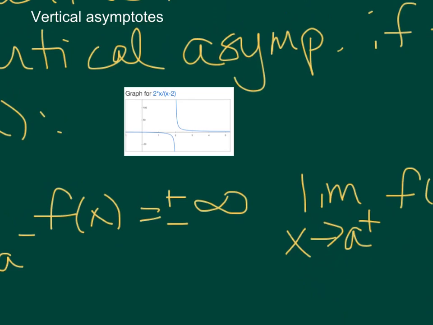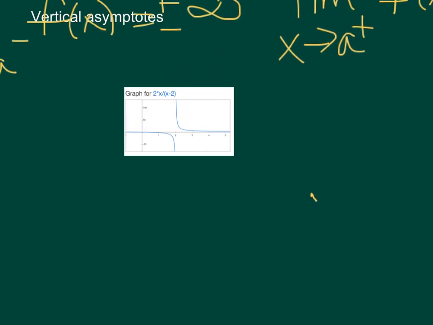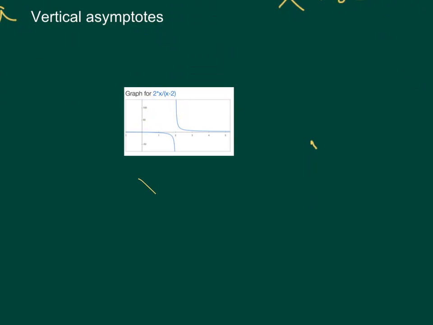As x approaches 2 from the right, the function is going off to positive infinity. As x approaches 2 from the left, the graph is going off to negative infinity. So we would say that x equals 2 is an asymptote for the graph of 2x over x minus 2.